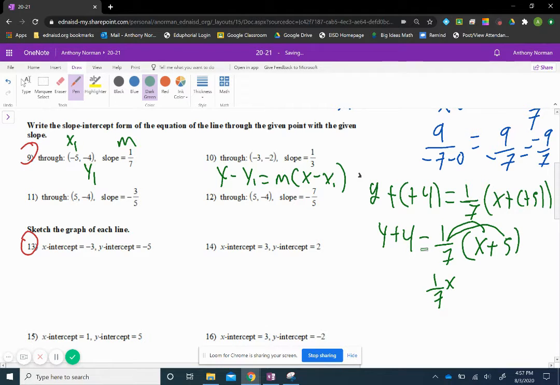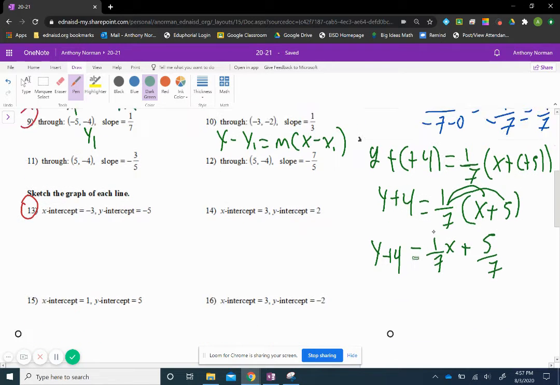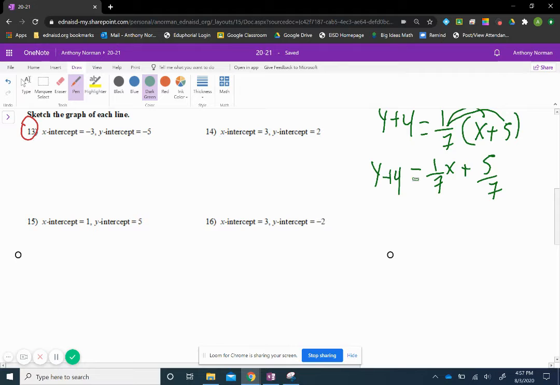And multiply this by 1/7, which gives us 5 over 7. Is equal to y plus 4. So go to the next step. We have to get the y by itself, so we'll minus 4. So we have y equals 1 over 7x.